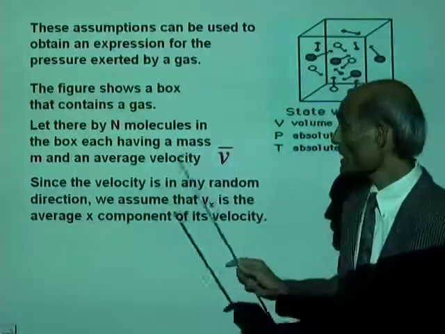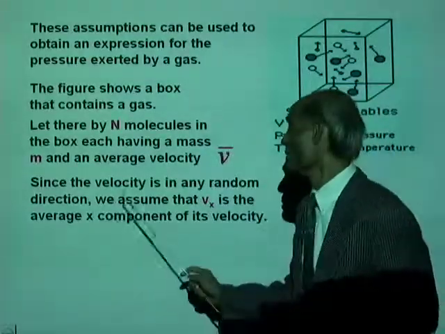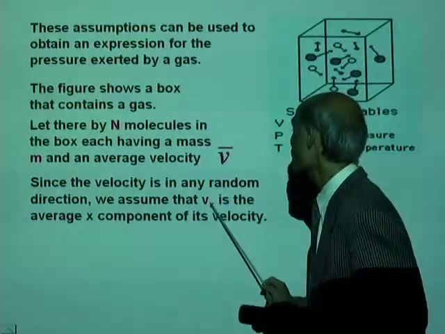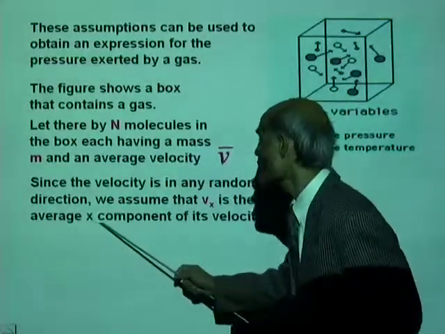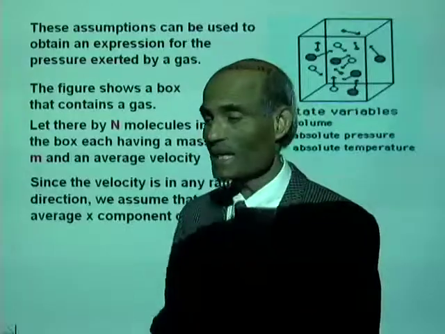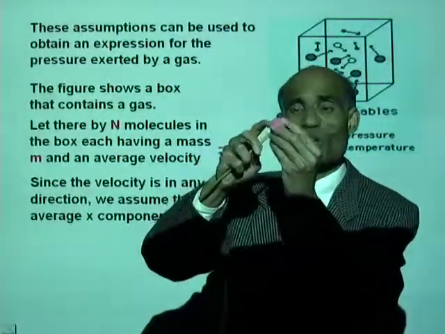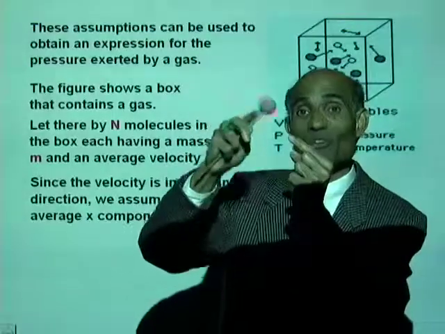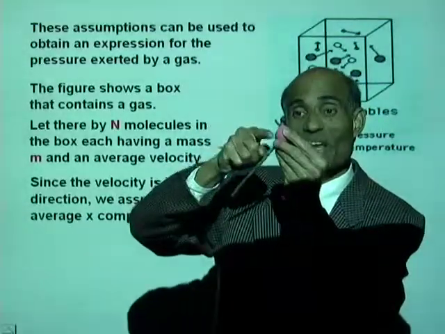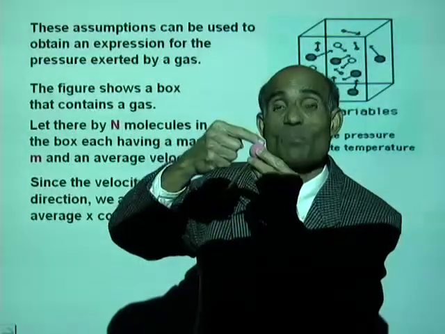Okay. Since the velocity is in any random direction, we assume that v sub x is the average x component of this velocity. You take a molecule, the velocity of a molecule can be in any random direction, but it has an x component, a y component, and a z component.